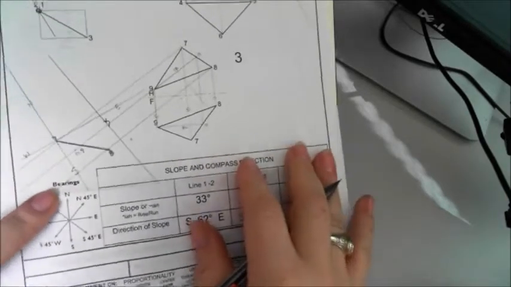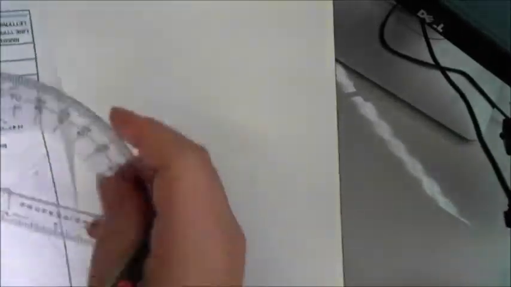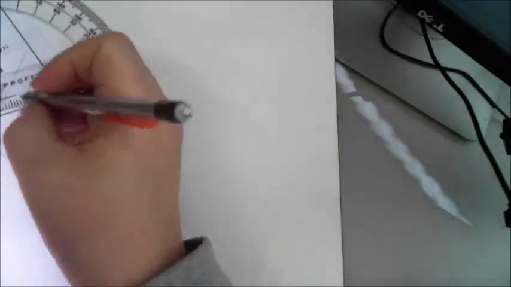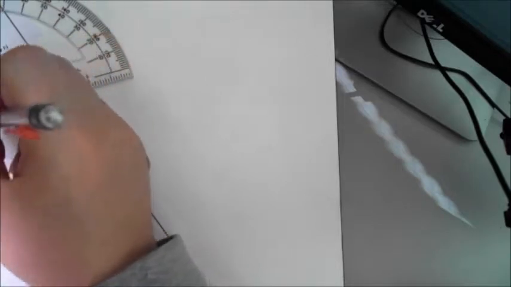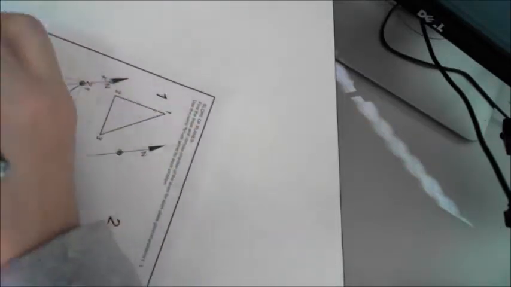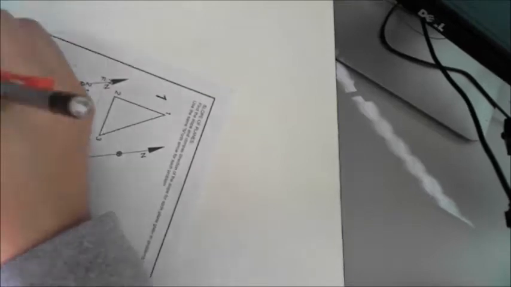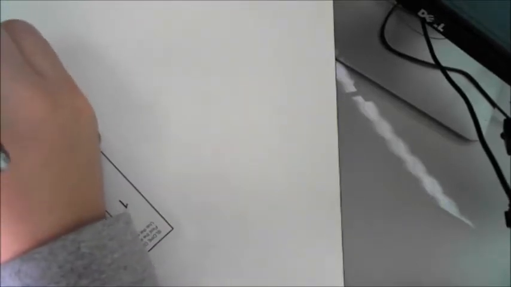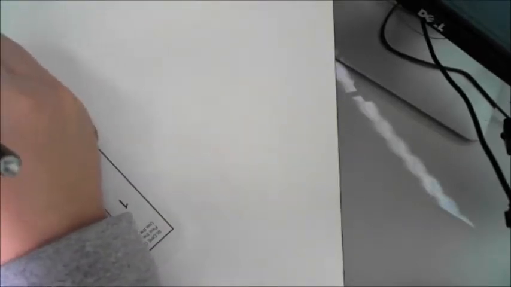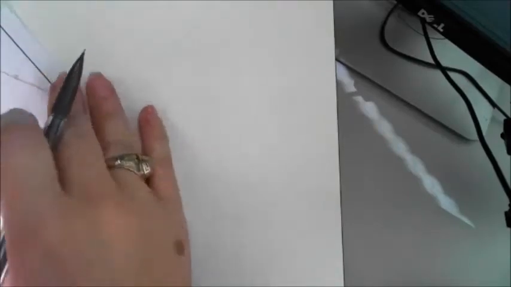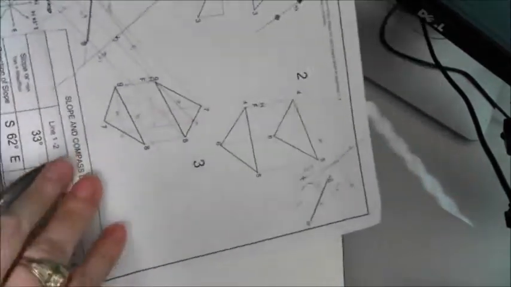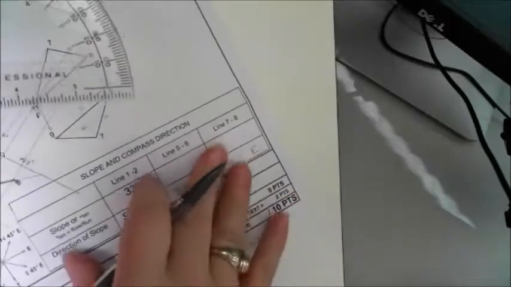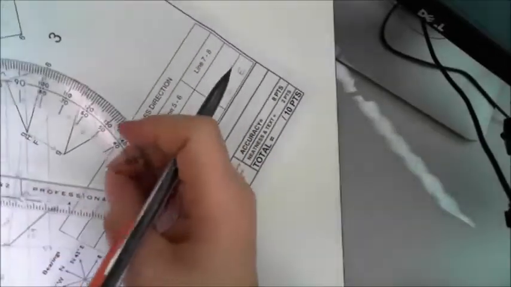I need to find my rise and my run again. So this time this becomes the rise, and this becomes our run. And I need to measure them because that's how I find my slope. And then I need to measure that angle again. So I have to come here.